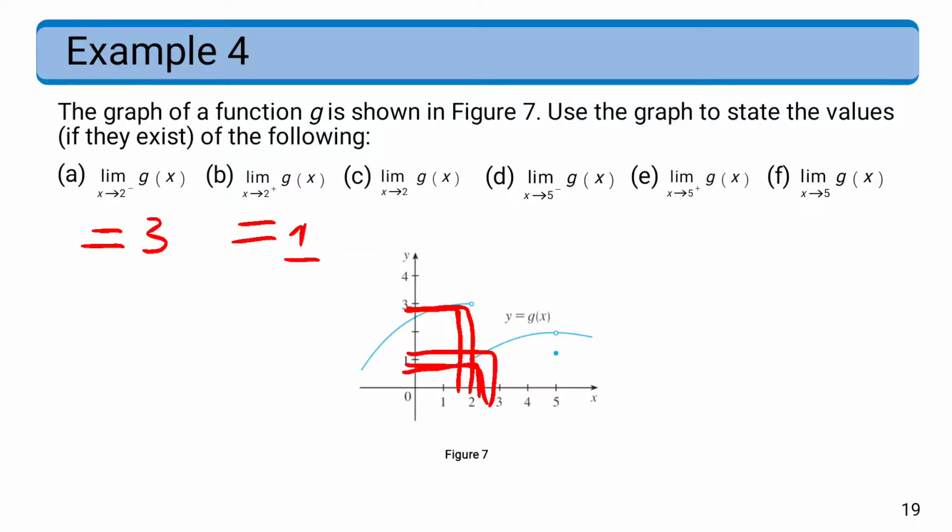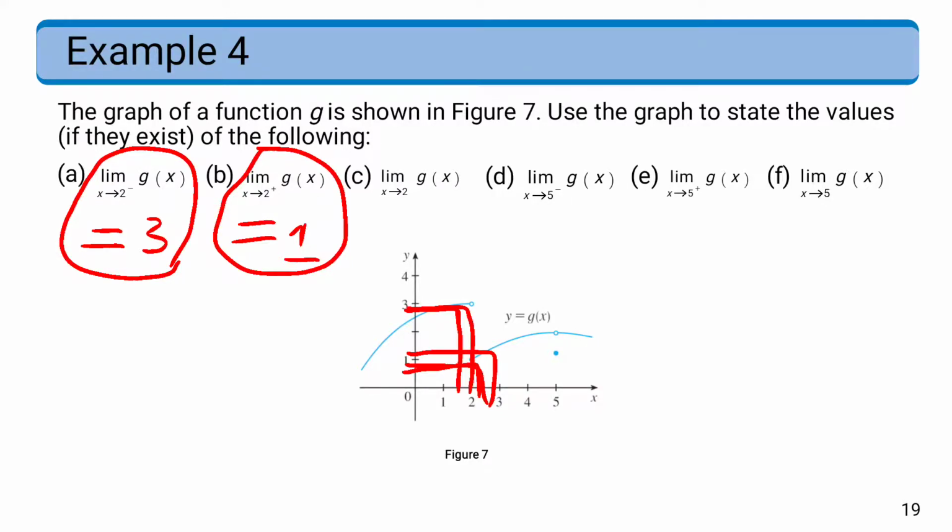Now C is a conclusion. Remember the previous conclusion that we made of the definition, that if the two side limits exist and they're the same, then we conclude that the limit exists and will be what we get from the side limit, which will be 1 value.